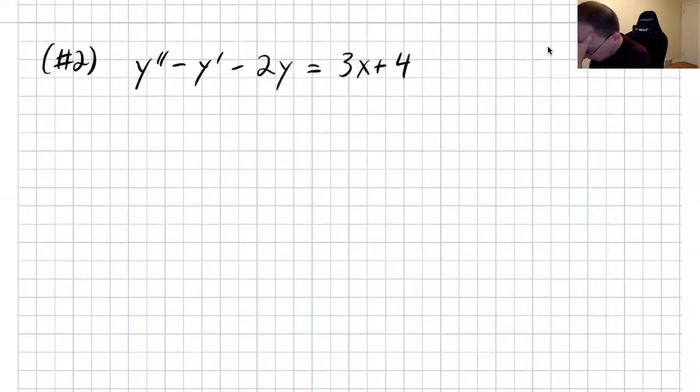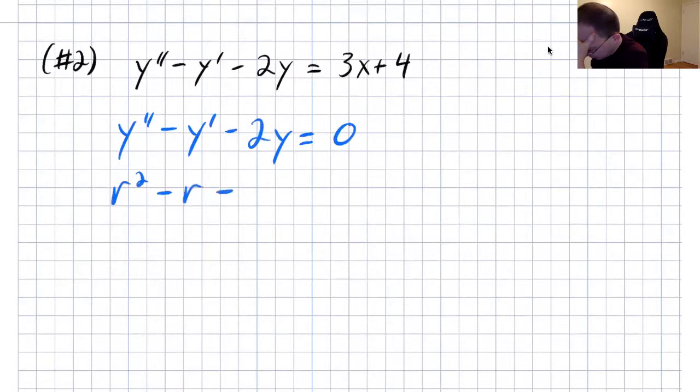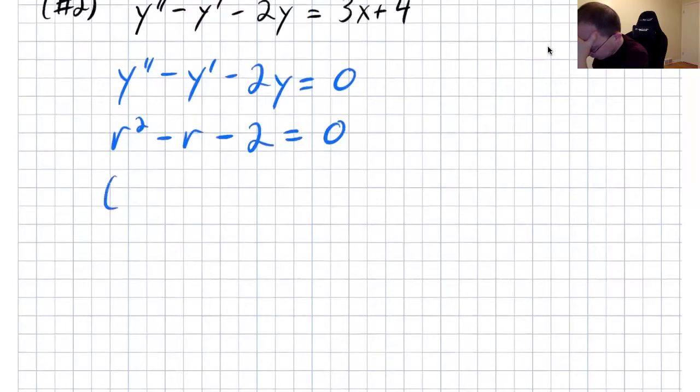So again, we start by writing down the homogeneous equation and then writing down the characteristic equation and finding the roots. Is this easy to factor? Maybe like this, I think.